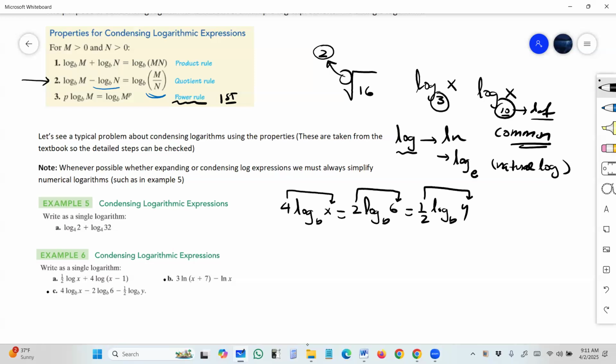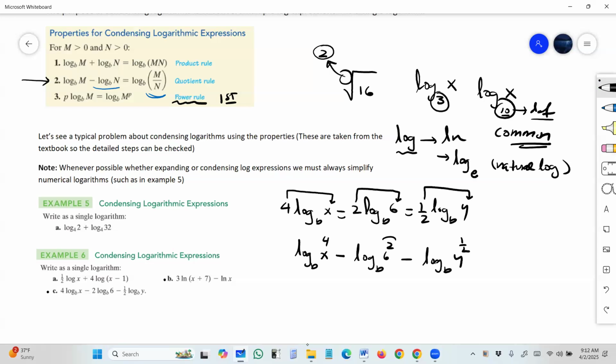So the first expression becomes log base b of x to the 4th minus log base b of 6 squared minus log base b of y to the 1/2.